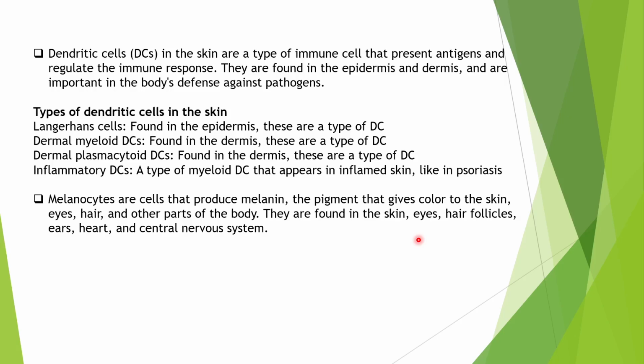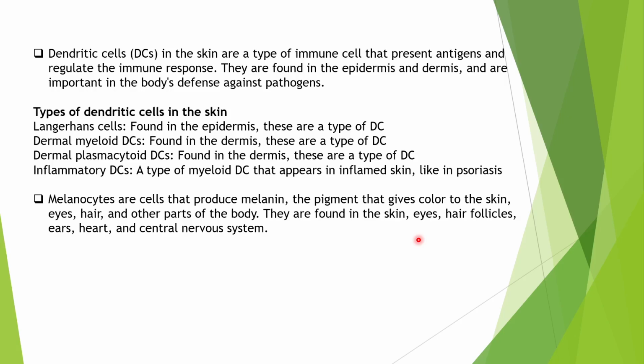The major type are the Langerhans cells, found in the epidermis, and then we have the dermal myeloid dendritic cells found in the dermis layer, and dermal plasmacytoid dendritic cells also found in the dermis, and inflammatory dendritic cells, a type of myeloid dendritic cell that appears in inflamed skin and in diseases or conditions like psoriasis, because there is already some infection or disease and there is inflammation there.